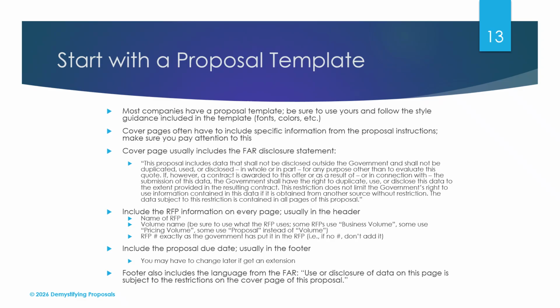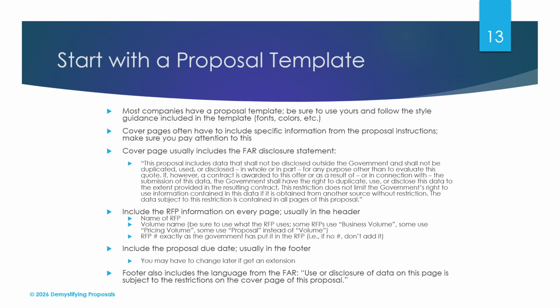So if they call it the business volume or the pricing volume, or sometimes they just call it the proposal, use whatever the RFP uses for that information. The RFP number should be exactly as the government has put it in the RFP. That is, if they don't put in a number sign, don't add it.